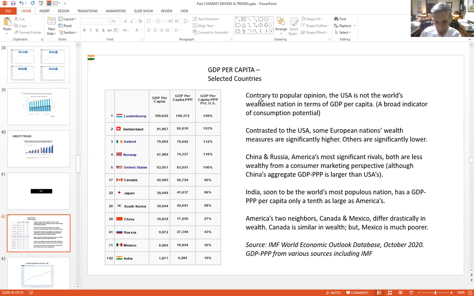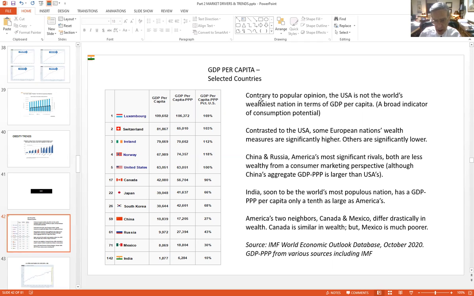So the folks in Luxembourg have the ability to purchase more expensive products than you and I do, or at least that's the tendency.